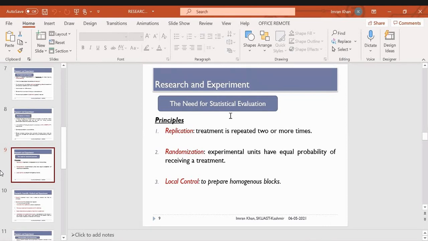If I give drug A to one student and he gives a weight gain of 1.5 kgs, and drug B is given to another student and that student gives a weight gain of 1.9 kgs, can I say drug B is better than drug A?